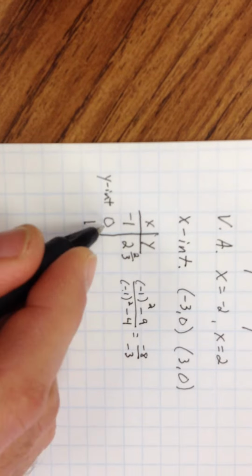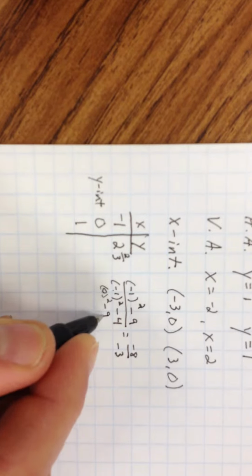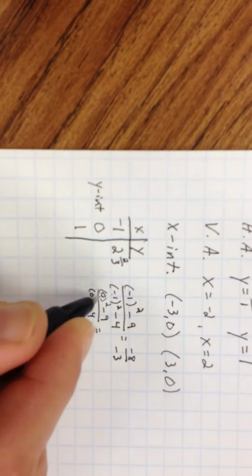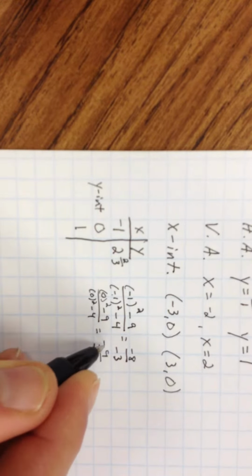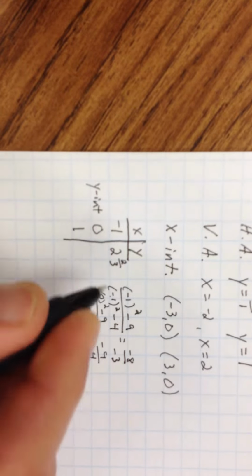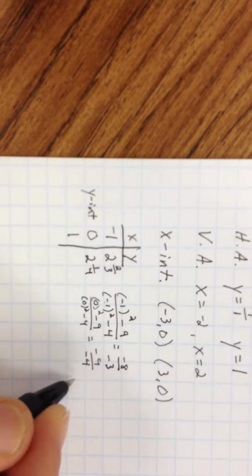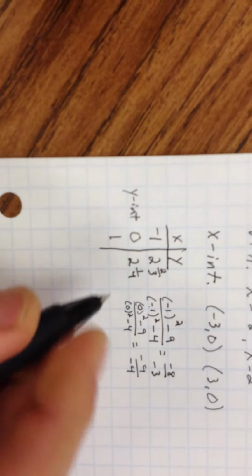So then 0, you'll see 0 squared minus 9 over 0 squared minus 4, and that will result in -9 divided by -4. 4 divides 9 twice, with a remainder of 1 out of 4. So 2 down, 1 to go.